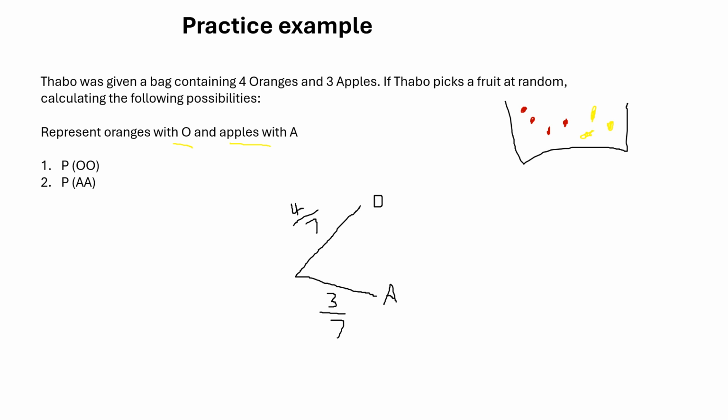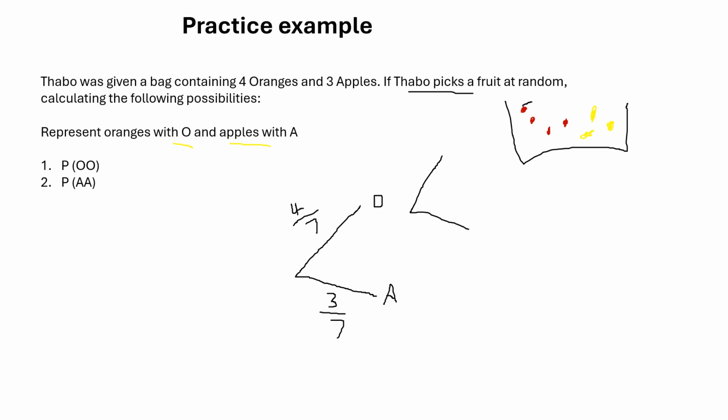Then from there onwards, you need to be careful now. Let's say he picks up an orange, because remember he's picking up fruits at random. It can be any fruit inside. So just putting his hand inside, it can be any fruit. So if Thabo takes the orange out, therefore the orange will be gone now.